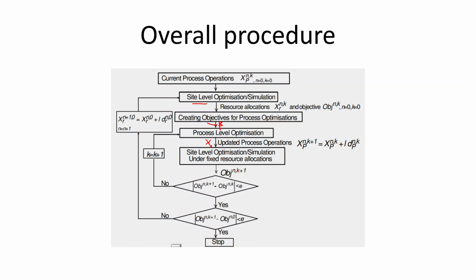If they're different, then you either have to improve the site level model, and the process is repeated. Otherwise, for the process level optimization, this is the process simulation model, you could also improve that to match the data that you have. So it's basically the same thing that we have been repeating over and over again.